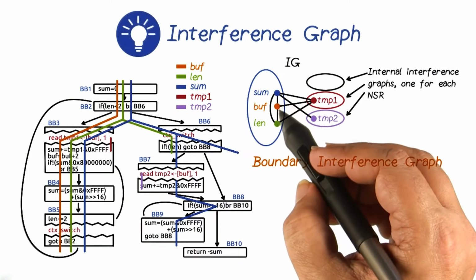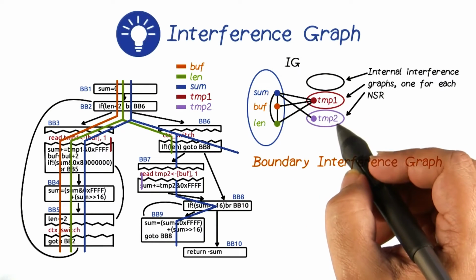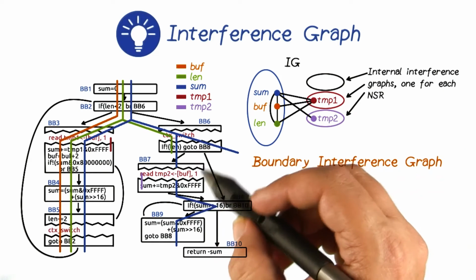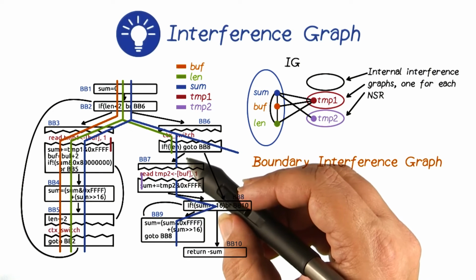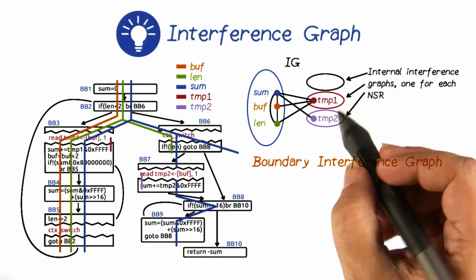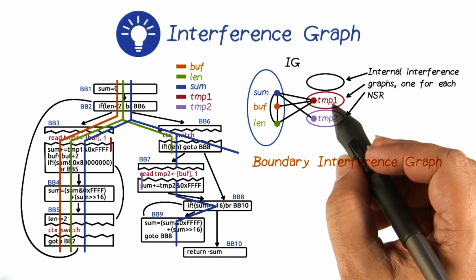They are also interfering with each other here. However, the nodes temp1 and temp2 are entirely contained within an NSR. They are not live across the CSBs or the context switch boundaries. So they do not form the boundary interference nodes.